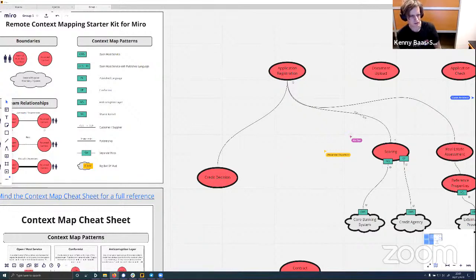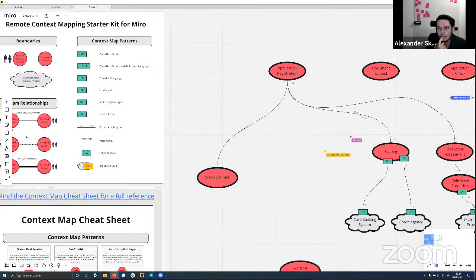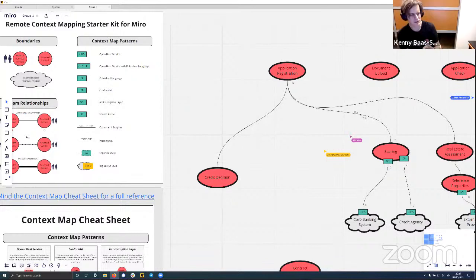So hold on, they're downstream, they're kind of accepting everything. Customer is downstream? Yes. It's a bit weird because in customer supplier the arrow is reversed. That's always the confusing part, and it confused me a lot of times as well.